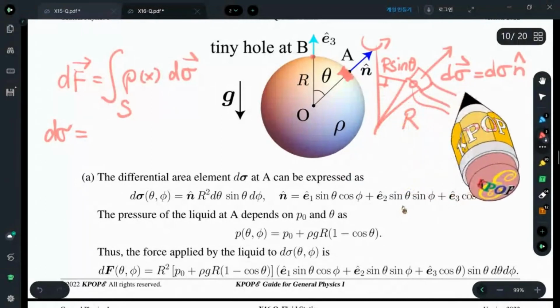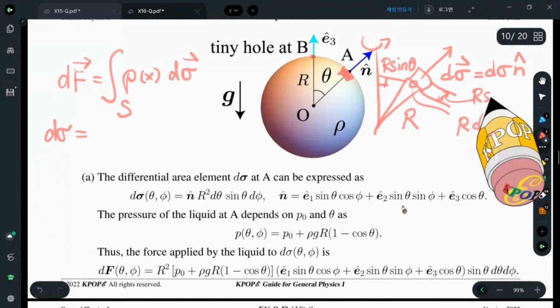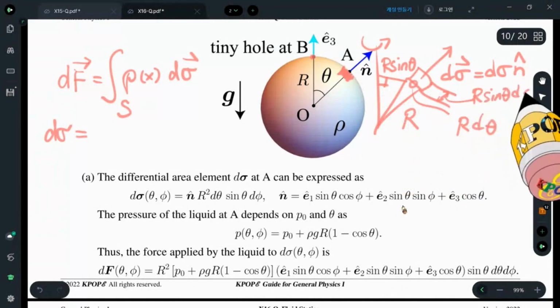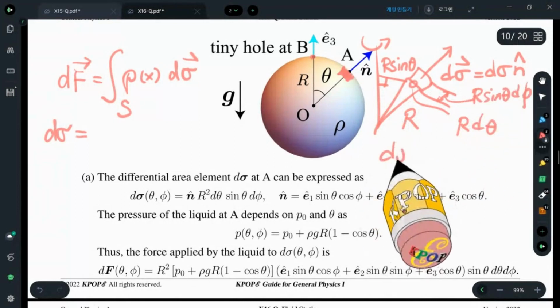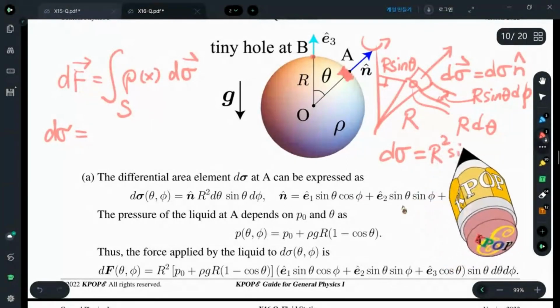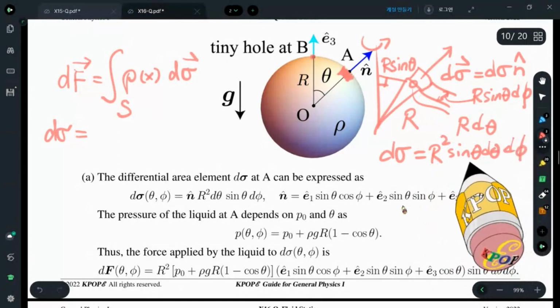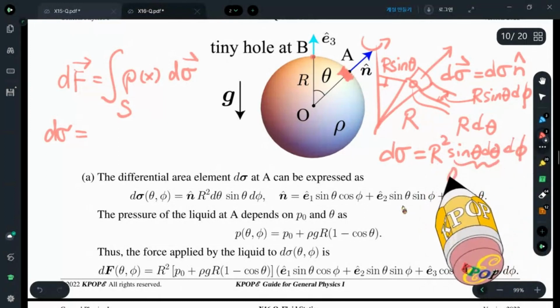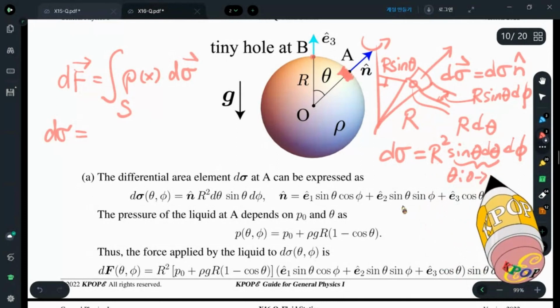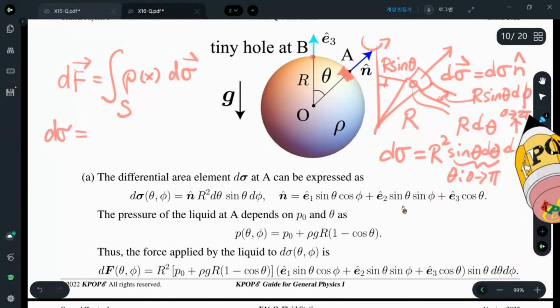This amount is r sine theta d phi. So dSigma is r squared sine theta d theta d phi, and theta runs from 0 to pi, and phi runs from 0 to 2 pi.